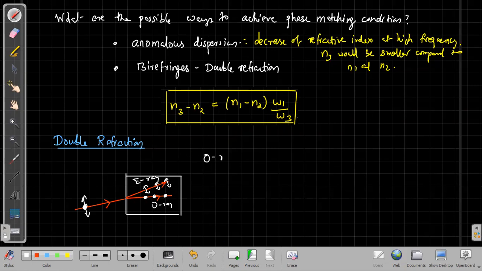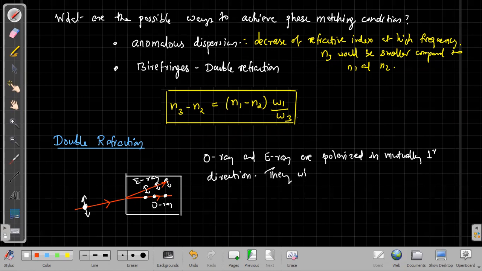So the ordinary ray and extraordinary ray are polarized in mutually perpendicular directions, and they will have different refractive indices.